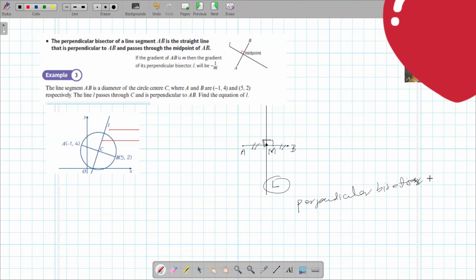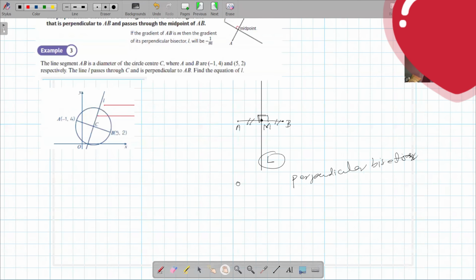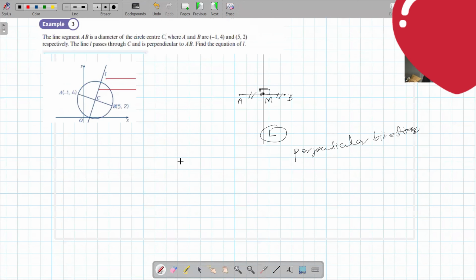The line L passes through C and is perpendicular to AB. Find the equation of L. How can you find the equation of L? You find the gradient of the first one and take the negative reciprocal of it, and then you also find the midpoint and then put that in an equation to find C.